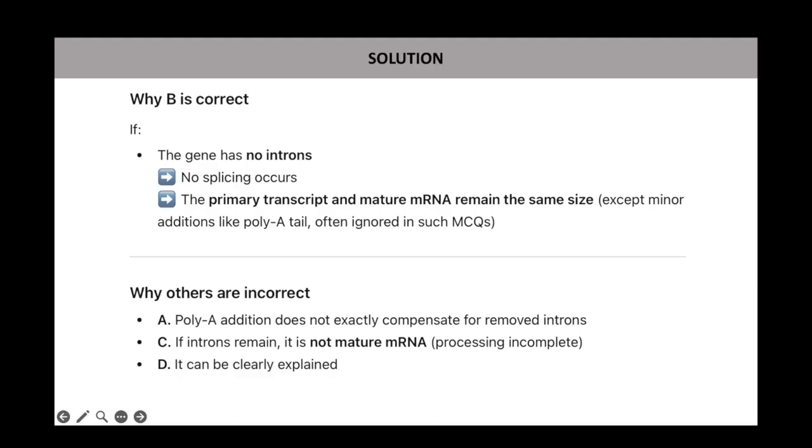Option B was that the gene contains no intron, hence the size of primary transcript and mature mRNA is same. This can be true. There are certain genes in which the DNA sequences do not contain any intron sequences. All the sequences are already exon sequences. So when the DNA is converted into pre-RNA, this pre-RNA will have all the exons already joined.